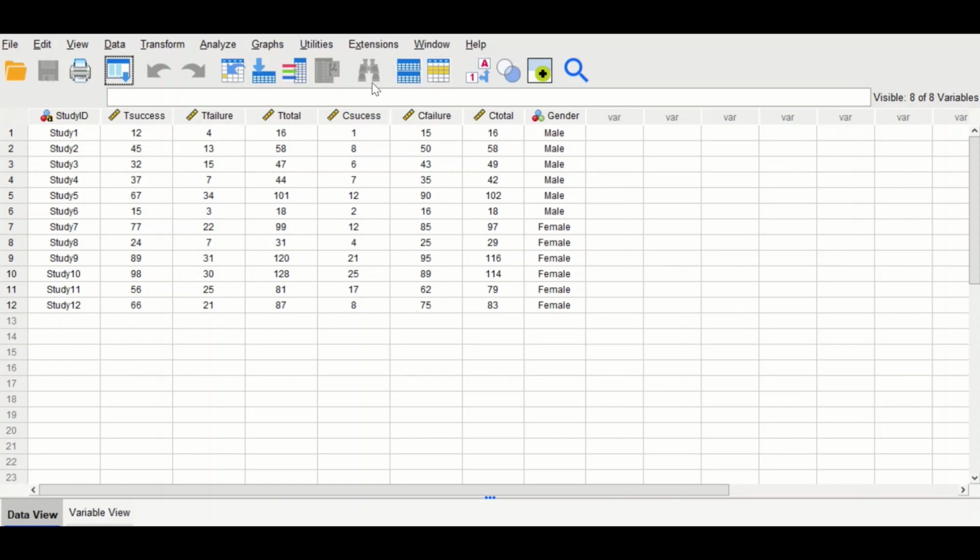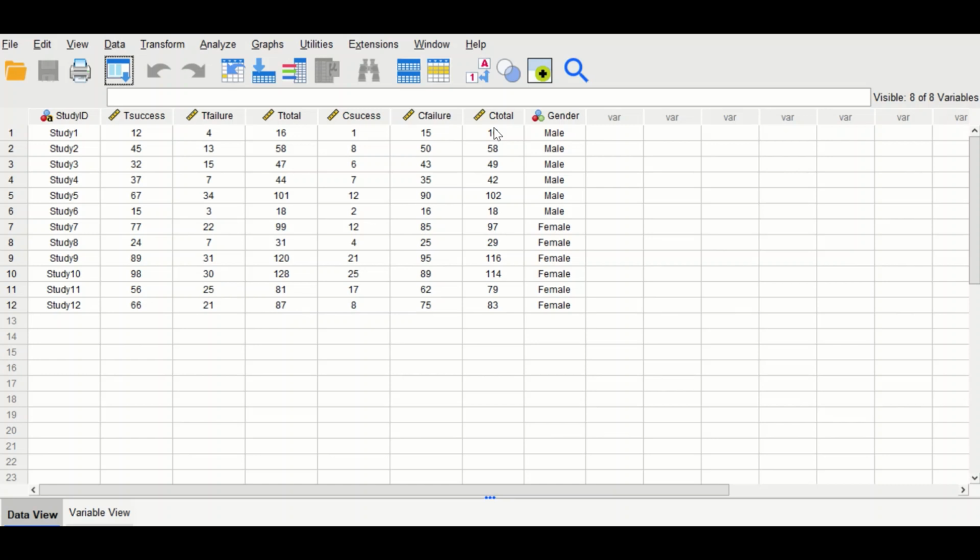And for the control also, there is a count for the event occurrence, which is the success, or the recovery from the condition without intervention, and also the failure to recover without intervention, and the total of participants in the control group.